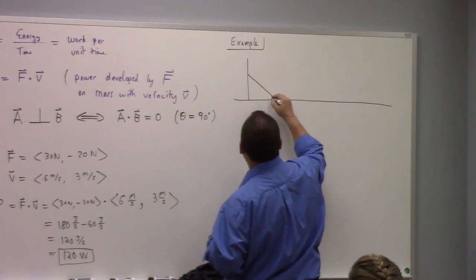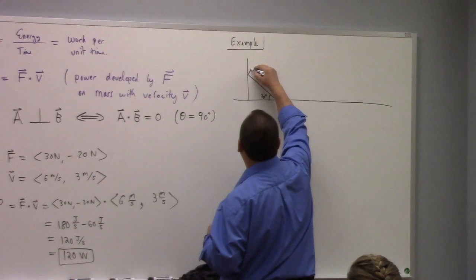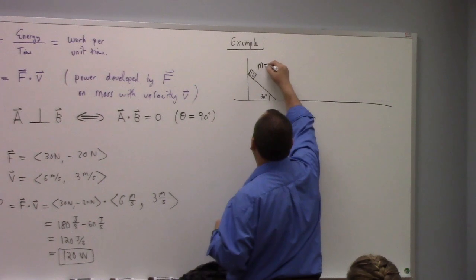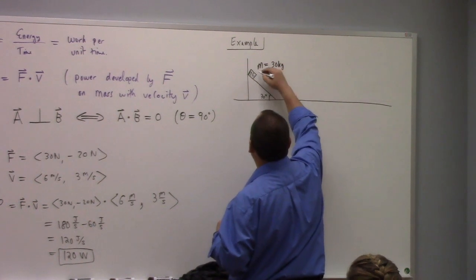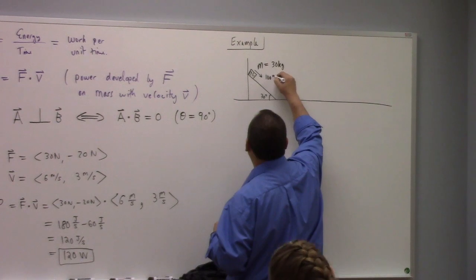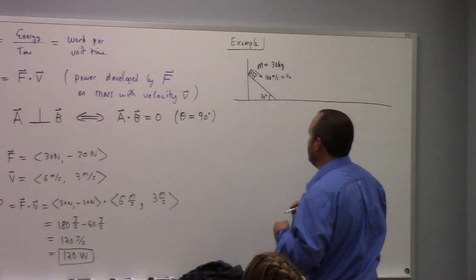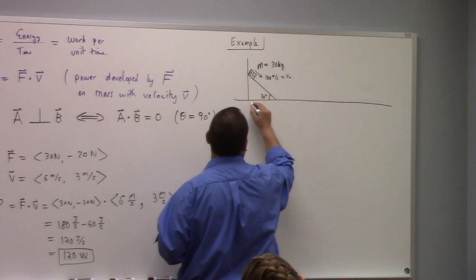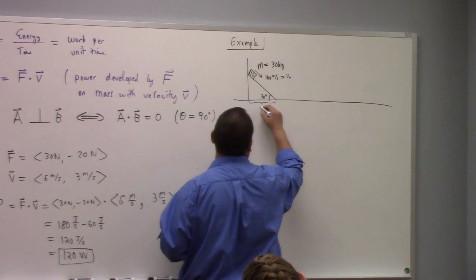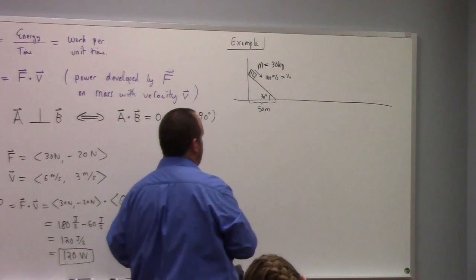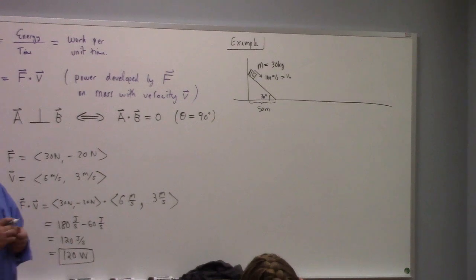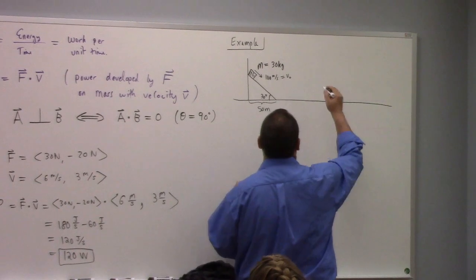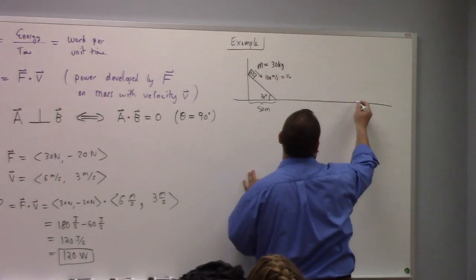You've got an inclined plane, say 30 degrees. You've got a mass up here, all right? And suppose the mass is 30 kilograms. It's got an initial speed of 100 meters per second. Let's suppose that this distance here is 50 meters, as pictured, so the horizontal distance there is 50 meters, and then the box slides down the plane and comes over to here.